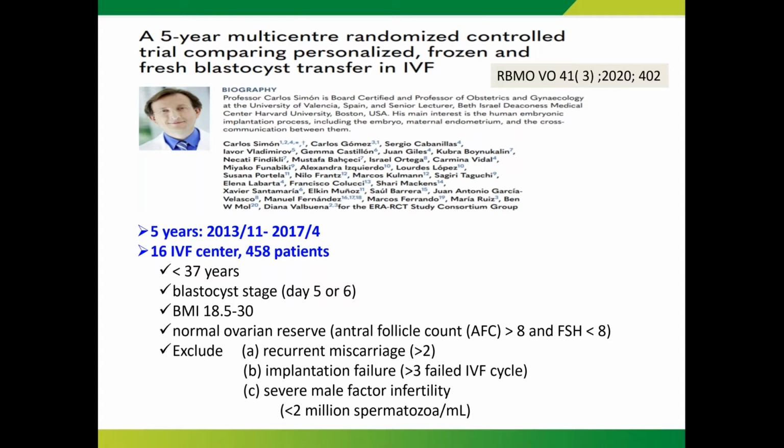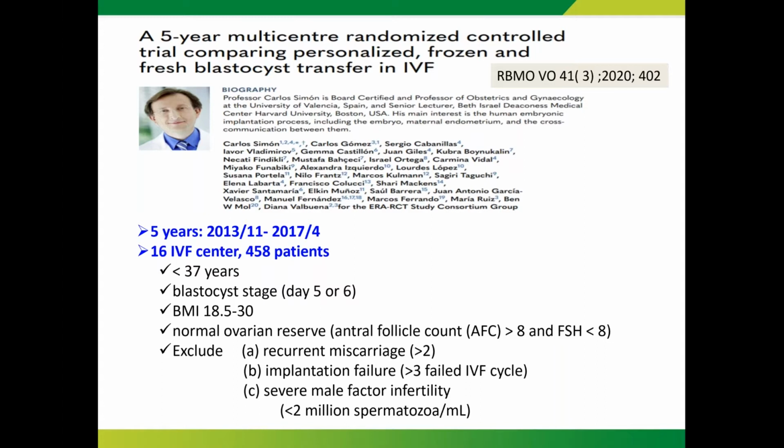Inclusion criteria were age under 37 years, BMI of 18.5 to 30, and a normal ovarian reserve, like we see the antral follicle count over 8 and FSH under 8. Exclusion criteria were recurrent miscarriage more than twice, implantation failure more than 3 failed IVF cycles, and severe male factor infertility less than 2 million per cc.